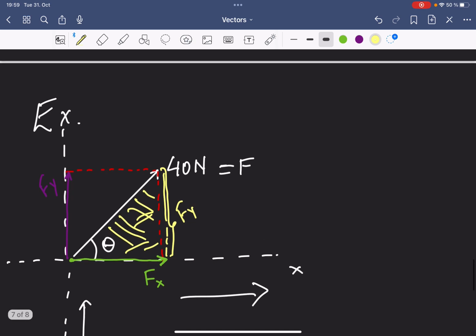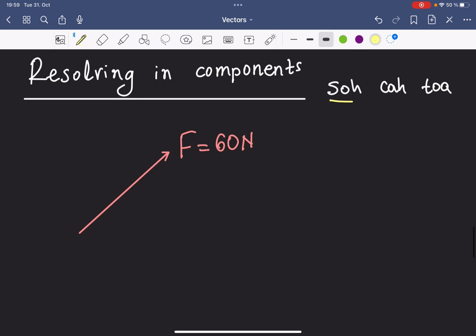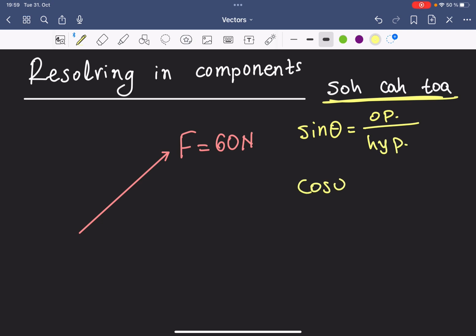So if we look back at the three trigonometric functions, the sine of the angle theta is going to be the opposite side over the hypotenuse, and the cosine of theta is going to be the adjacent over the hypotenuse.